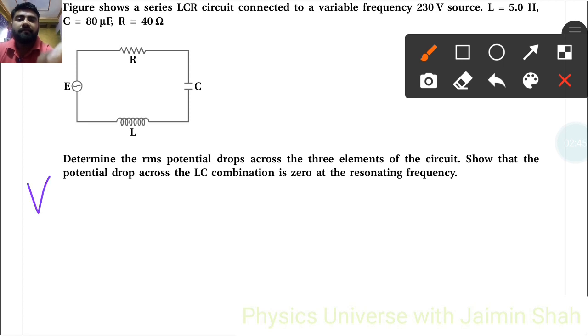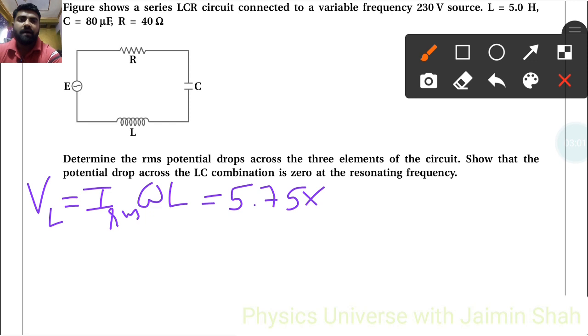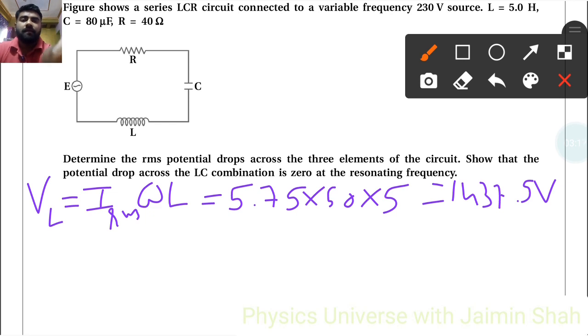So see, VL is IRMS into XL, where XL means omega into L. So it is 5.75 into omega, which is 50, and L is 5, so 5.75 into 50 into 5, and that value is 1437.5 volts.